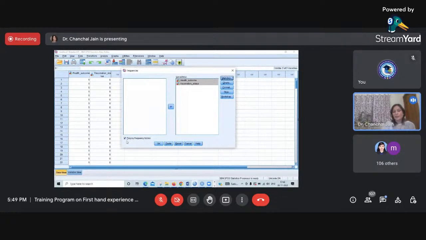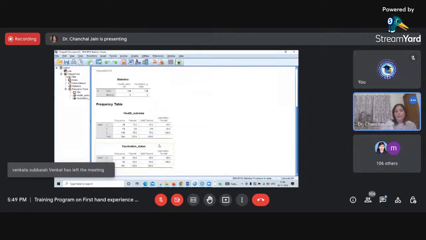Display frequency tables is checked by default in SPSS, so you only need to click OK. These are the frequencies.